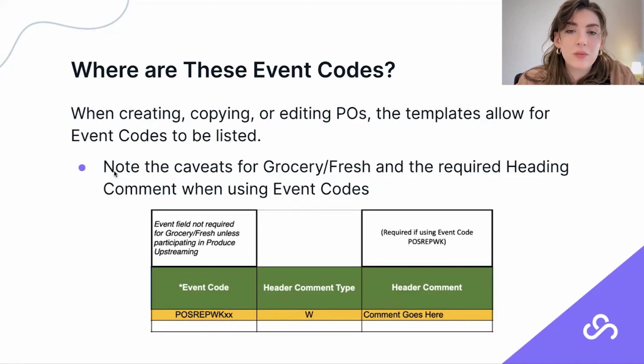And then just note that there are going to be different situations for grocery and fresh that's required in the header comment. And this is why it's helpful to have some of these screenshots. It is important to read the documentation that is aligned to every column and to understand how it affects your particular category in your particular business.